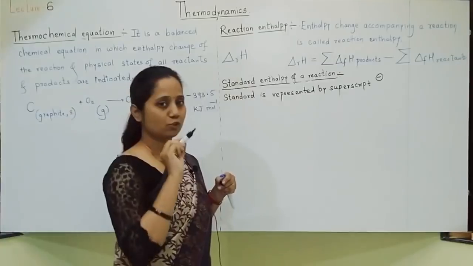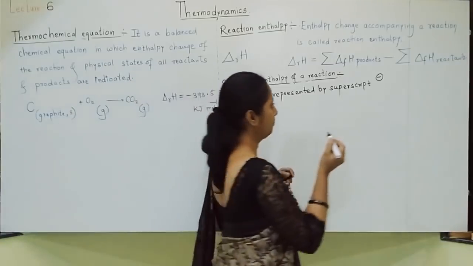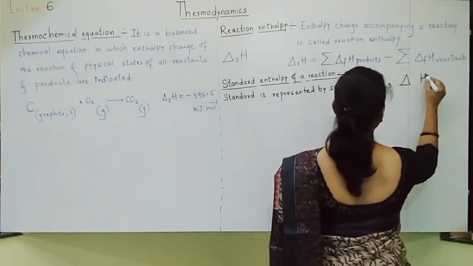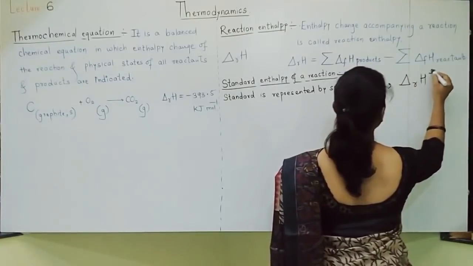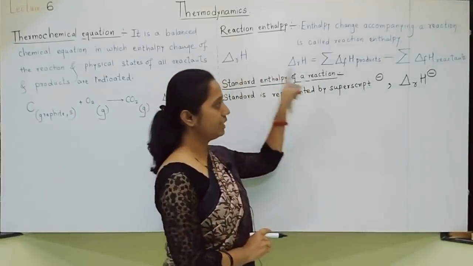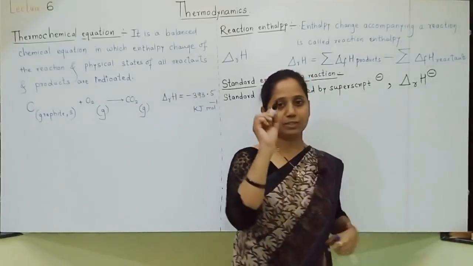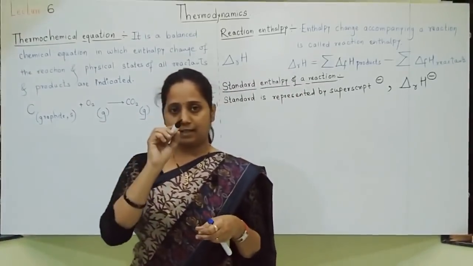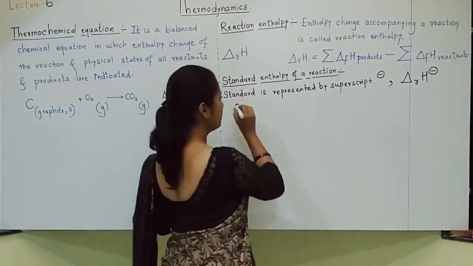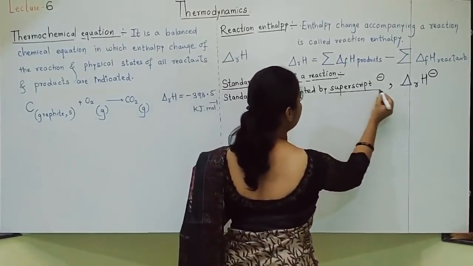When this superscript is drawn, you should understand it is standard. See here, the symbol I am writing is delta H for reaction with this superscript. Okay, got the difference? Everything is as it is, but here I have put one superscript, a minus sign with a circle around it, that indicates standard. So standard is represented by this symbol.